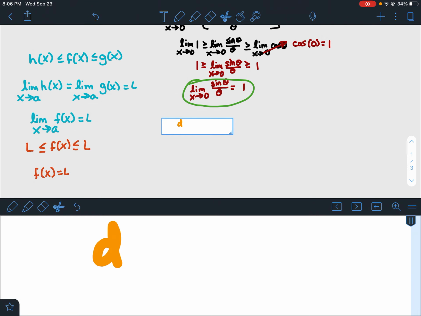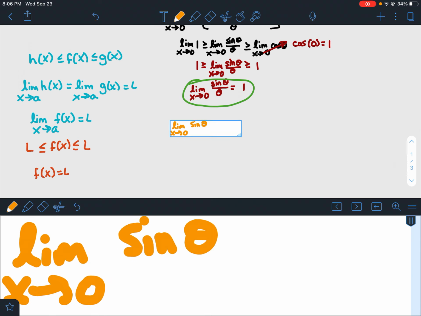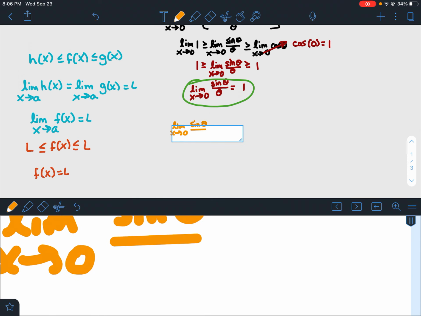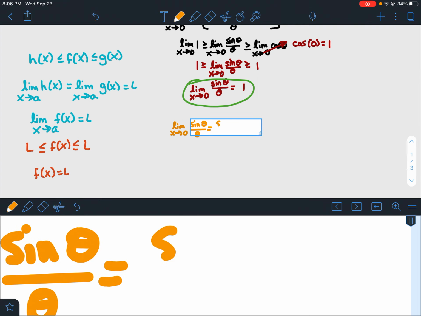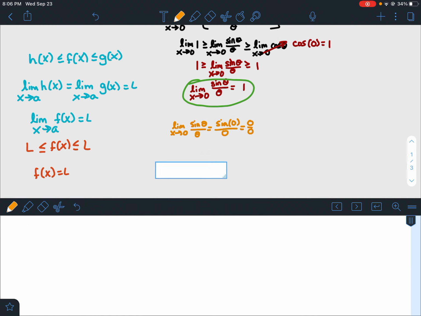So basically, we get to something called L'Hopital's rule. When you get to the limit of sine of theta over theta and you plug in 0, we get 0 over 0, and then it's indeterminate.